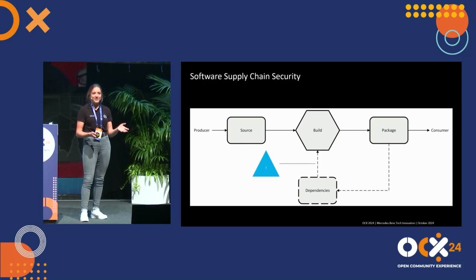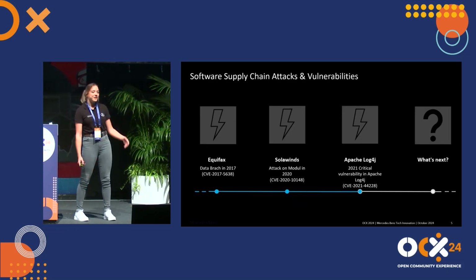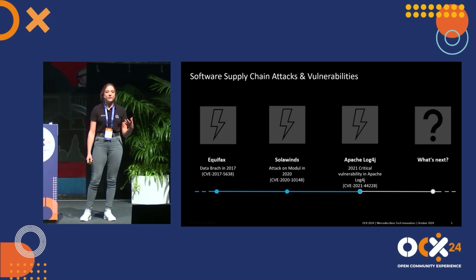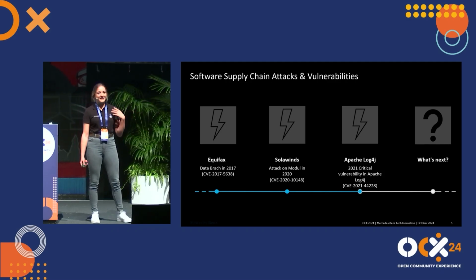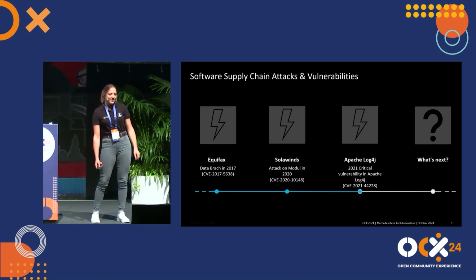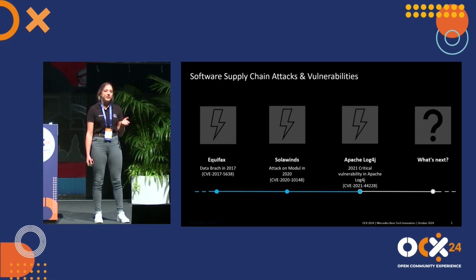Just to name some examples, maybe you heard of these supply chain attacks and vulnerabilities. There was the data breach of Equifax. Equifax is kind of like the German Schufa, so if the data gets spread, it's not that good. Then you heard of SolarWinds, which resulted in the executive order from the White House, so software delivered to the White House is required to come with a software bill of materials.